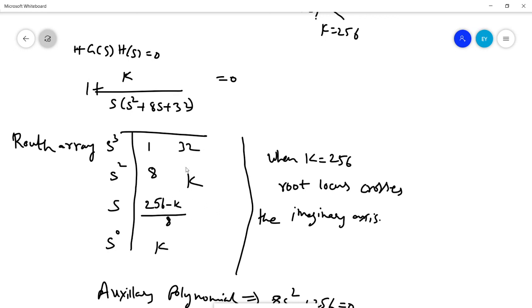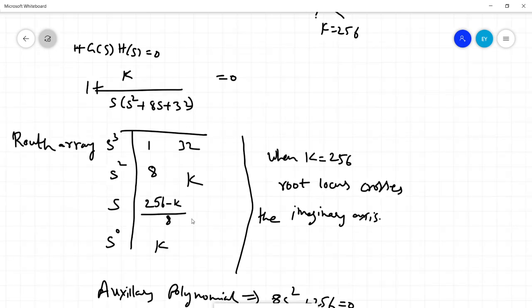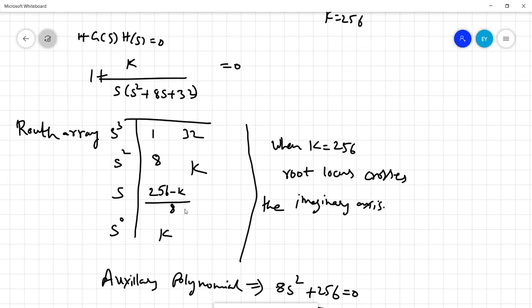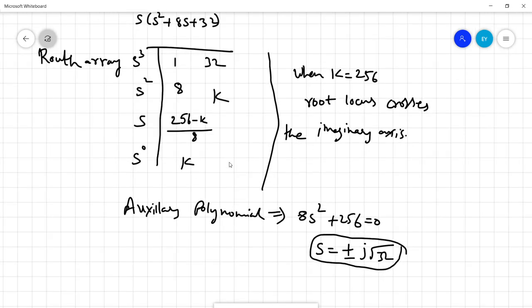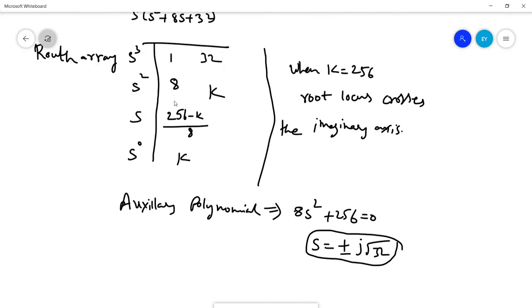So here, since we have a k value, what we get here is 256 minus k divided by s. When you substitute k equal to 256 here, this will become 0, which forms the auxiliary polynomial, right? We have solved this kind of problems in the previous class, where when you have a 0 in the first column of the Routh array, we need to take the preceding row as the auxiliary polynomial.